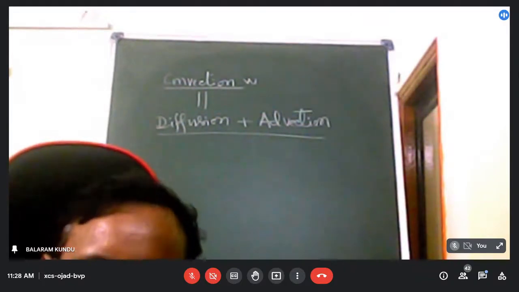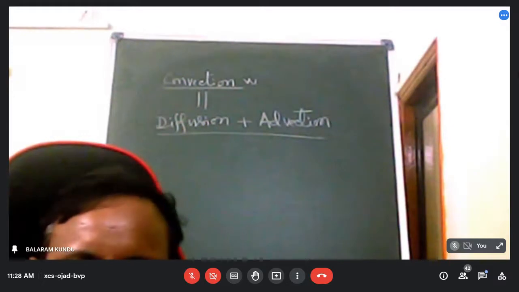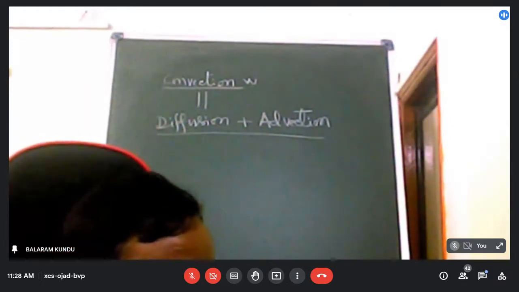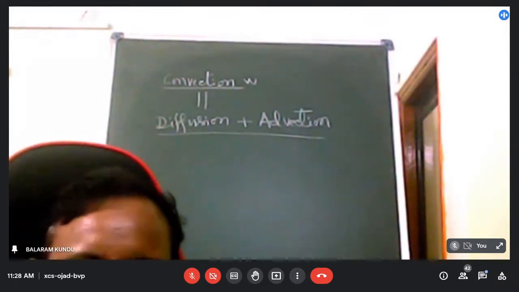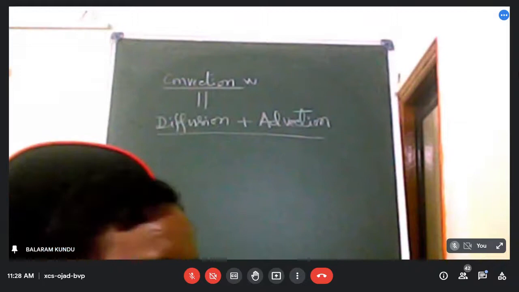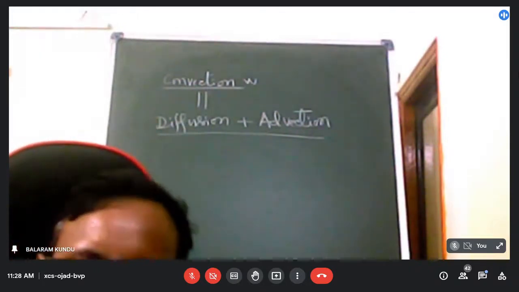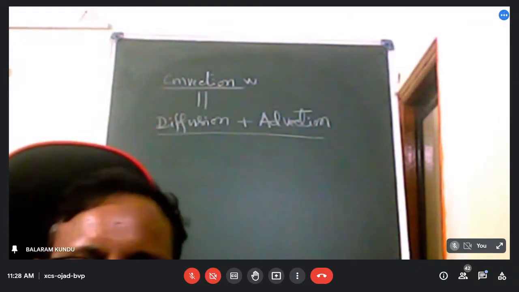Better you mention Mach number instead of density, that will be the correct answer. So compressible and incompressible are fluid properties, not flow properties.